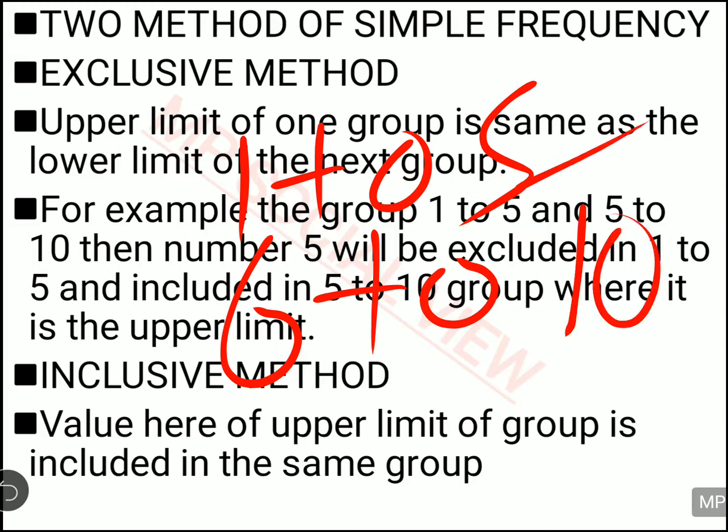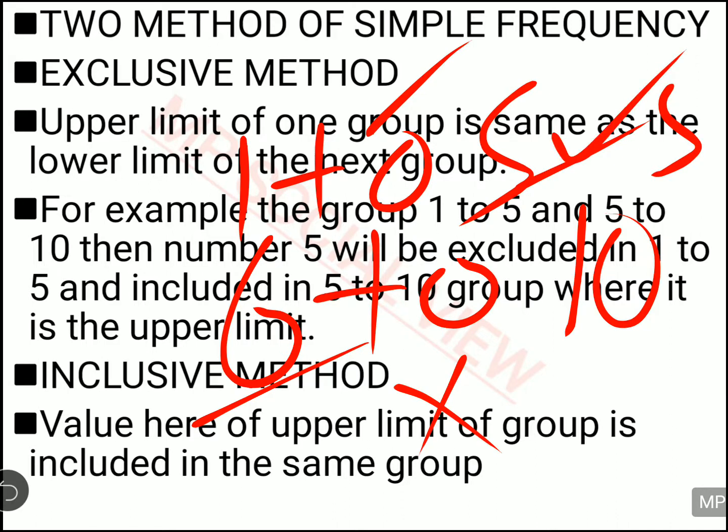So here the 5 is not repeated. The number 5 will be included in this group only, because it is 1 to 5 and the next group is 6 to 10, so you cannot include the number 5 in that. You can include number 5 in this. So here the 5 is being included where it is forming the upper limit. This is called the inclusive method.